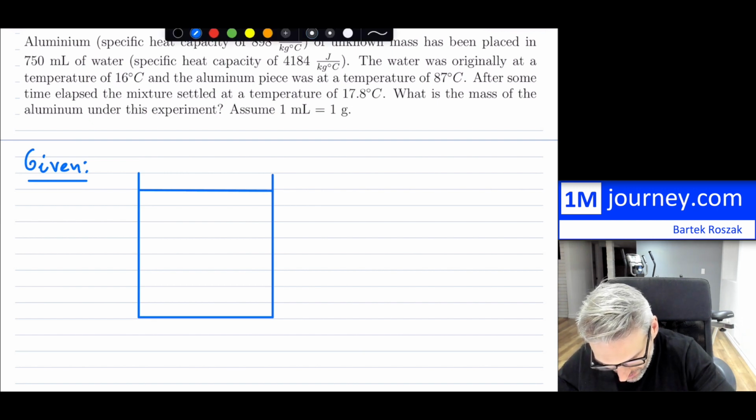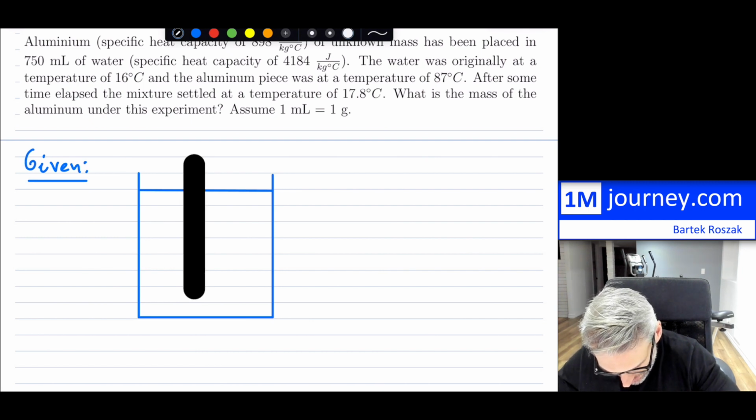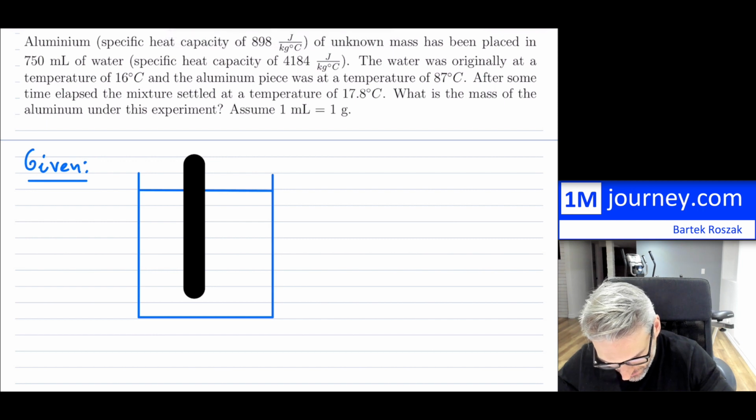As we drop this in there, the aluminum piece is at a higher temperature, so its temperature falls down. That means there's a heat transfer that we're going to be experiencing here. So that's the aluminum piece and then the water.